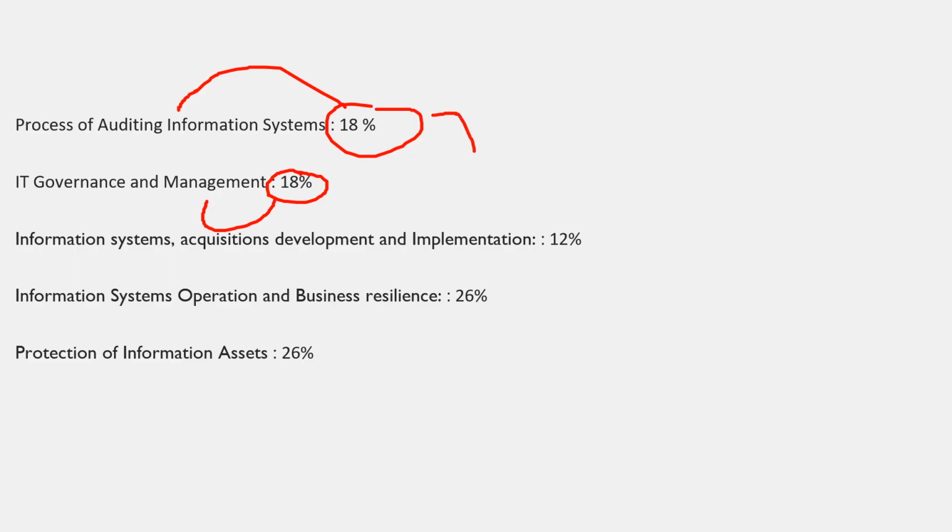So 18 and 18 makes 36%. The rest come from information systems acquisition, development and implementation, that is SDLC, 12%; 26% from information system operations and business resilience; and the last 26% from protection of information assets.